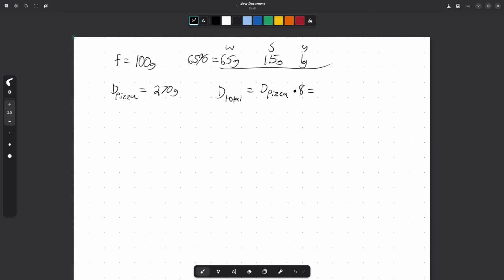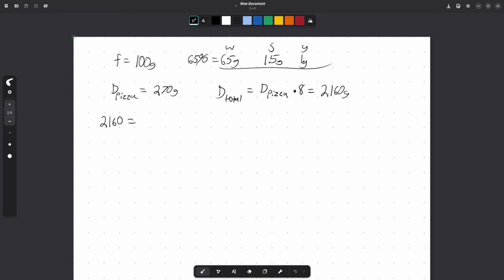If I put that in my calculator, it equals 2160 grams. So we know how much dough in total we need for 8 pizzas.